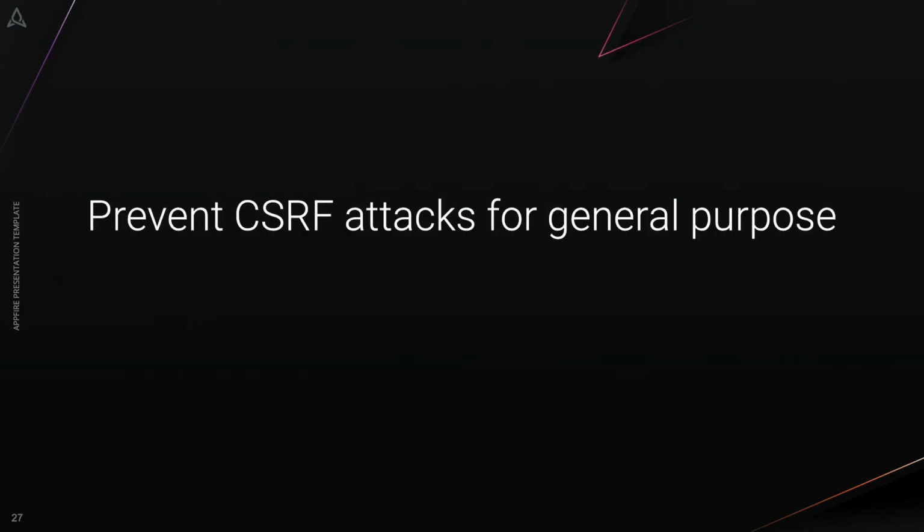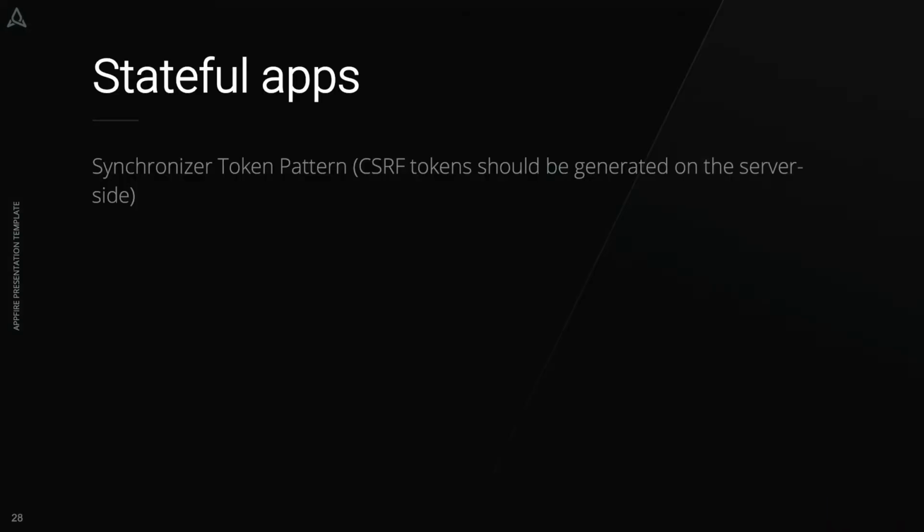So what can we do about preventing CSRF attacks? In this presentation, I will talk only about stateful applications, because the means to prevent CSRF attacks for stateful and stateless applications are different. Atlassian applications are stateful applications, that's why we are talking only about how to prevent CSRF attacks in stateful applications.